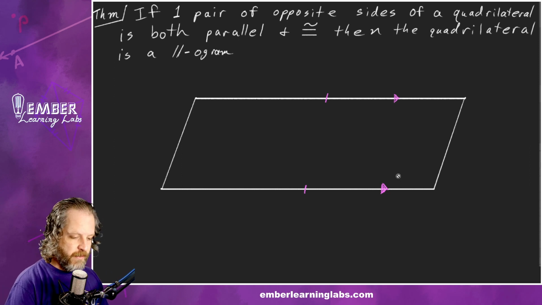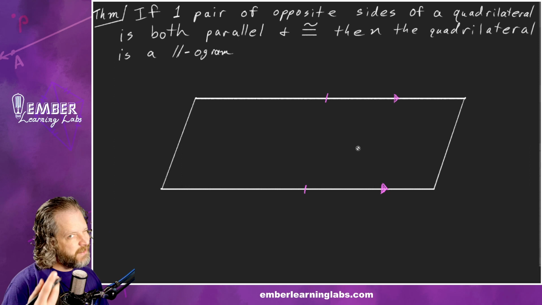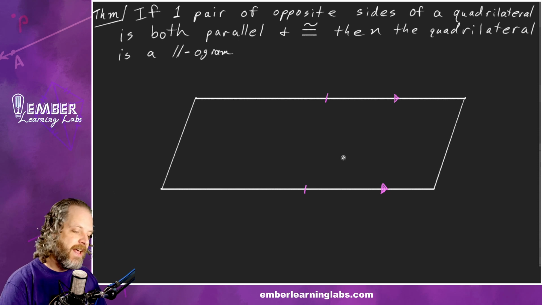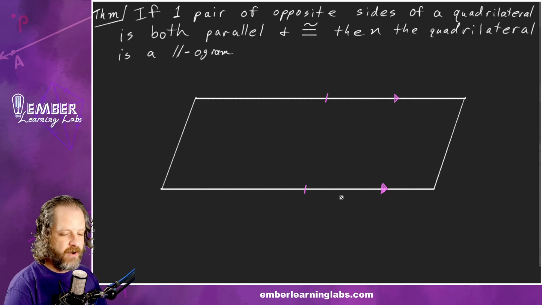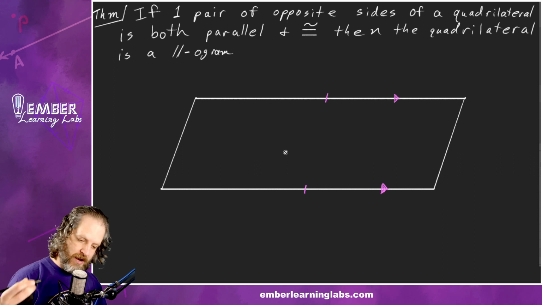If we determine we have a quadrilateral and one pair of sides is both congruent and parallel, it has to meet two conditions, then we can say that the quadrilateral is a parallelogram, right?